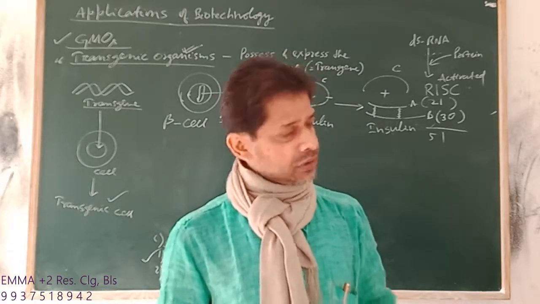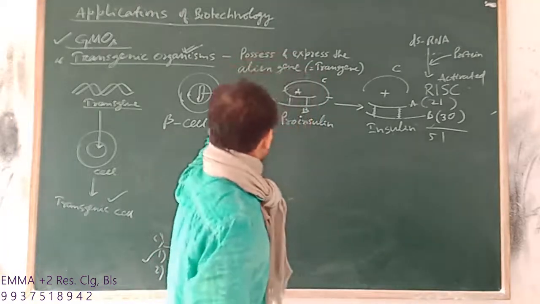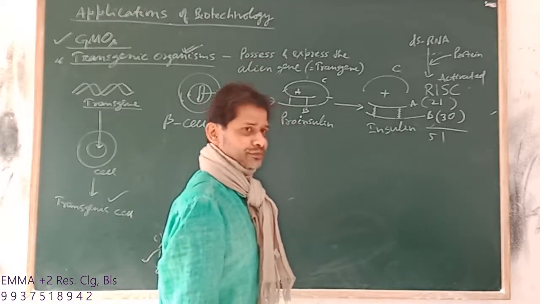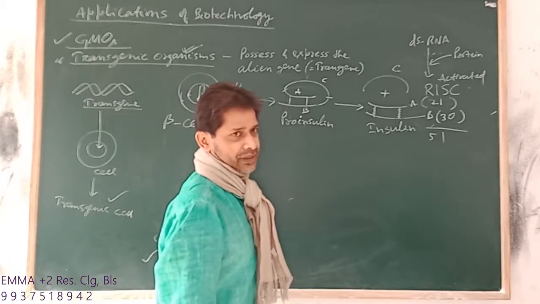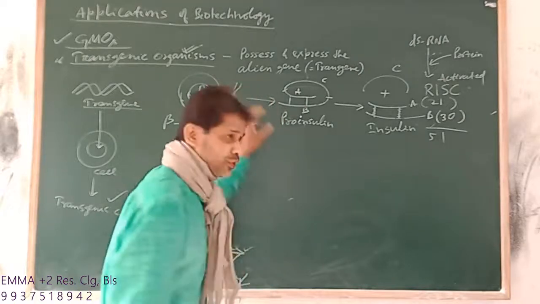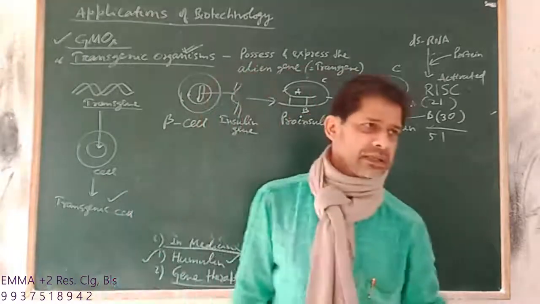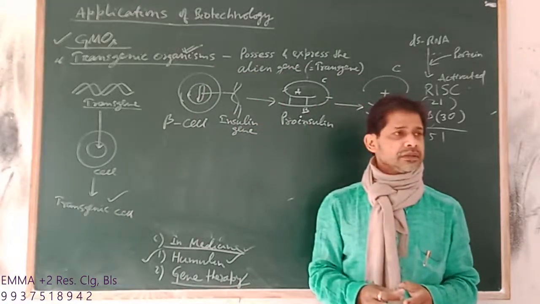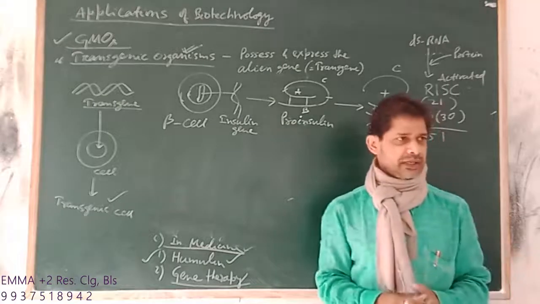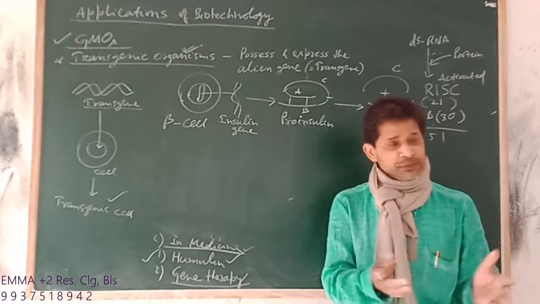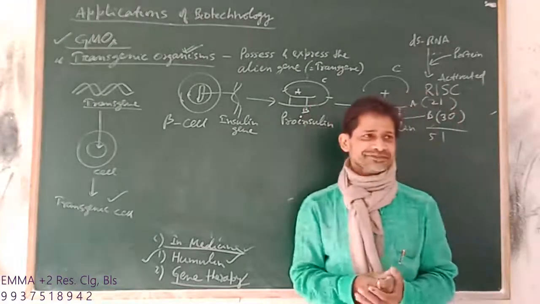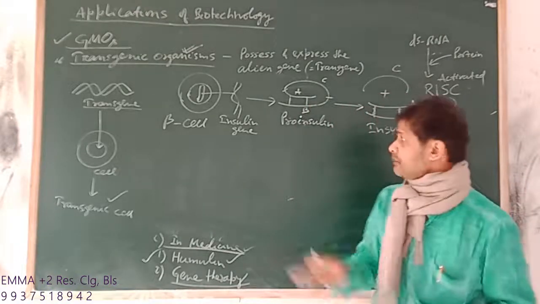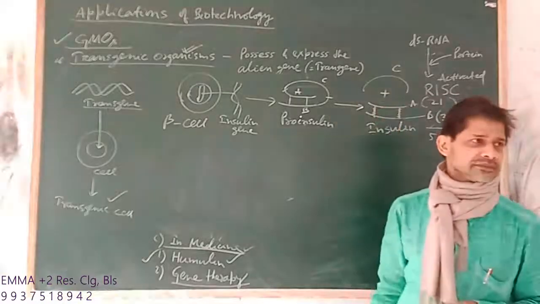All of you know this insulin gene contains introns and exons. Listen, if we directly introduce the gene in the bacterial cell, the bacteria will produce proinsulin, because the bacterial cell may not have the enzyme for processing.